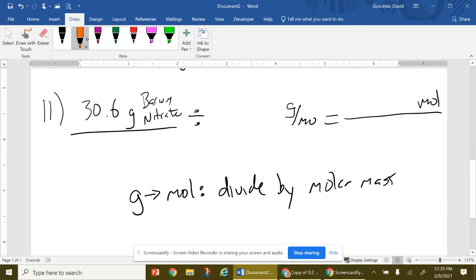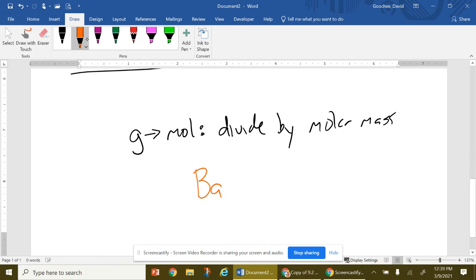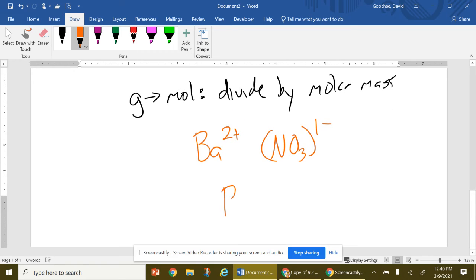Now here's the trick, guys, and this was something that a lot of people had trouble with on the previous homework. You can't figure out the molar mass from a name. You got to get me the formula, okay? Barium nitrate. Barium is 2 plus. Nitrate is a polyatomic ion, NO3, 1 minus. Crisscross applesauce. Barium nitrate is Ba(NO3)2.